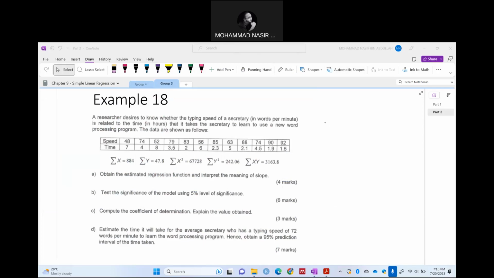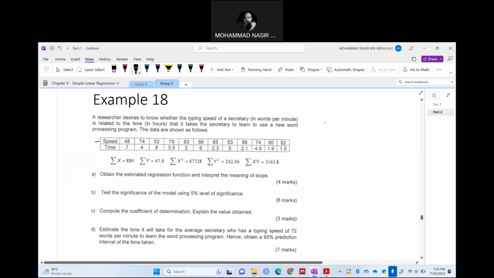So example number 18. So we have 2 variables, speed and time, right? So what is the dependent variable and what is the independent variable? Typing speed and time. Independent.